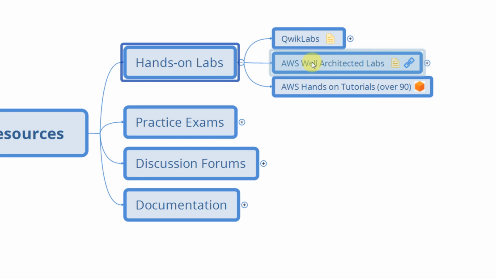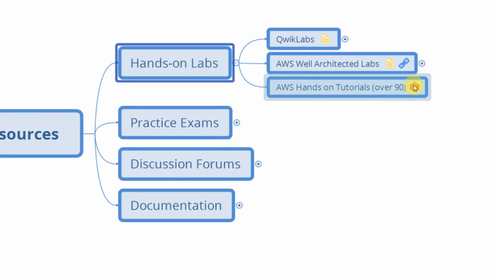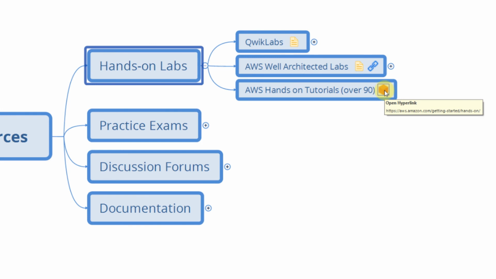AWS well-architected labs, there's a number of labs that are documented that you can follow through on your own. And this is where you can find it, wellarchitectedlabs.com. And AWS also has a lot of hands-on tutorials over here. You can take a look at the hyperlink. I will also put these links in the description section.